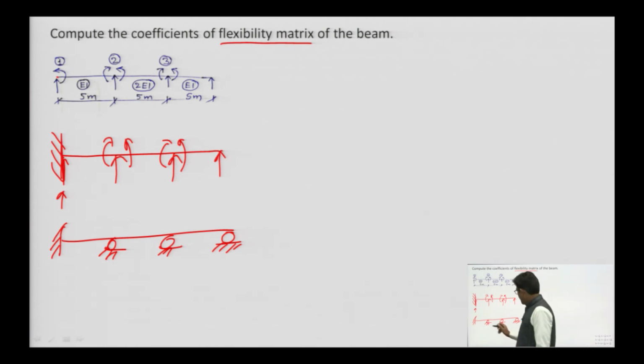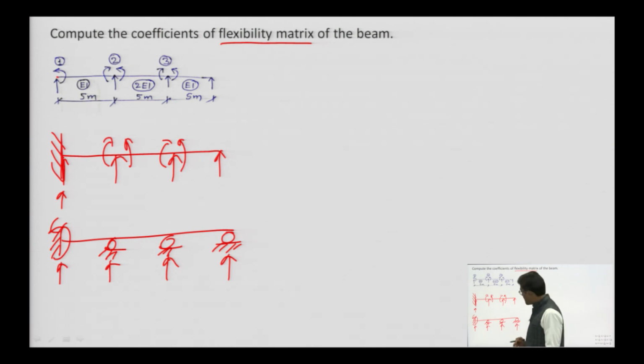How many unknowns are there? Moment, vertical reaction, and so on: 1, 2, 3, 4, 5 unknowns are here, and only 2 equations are available.